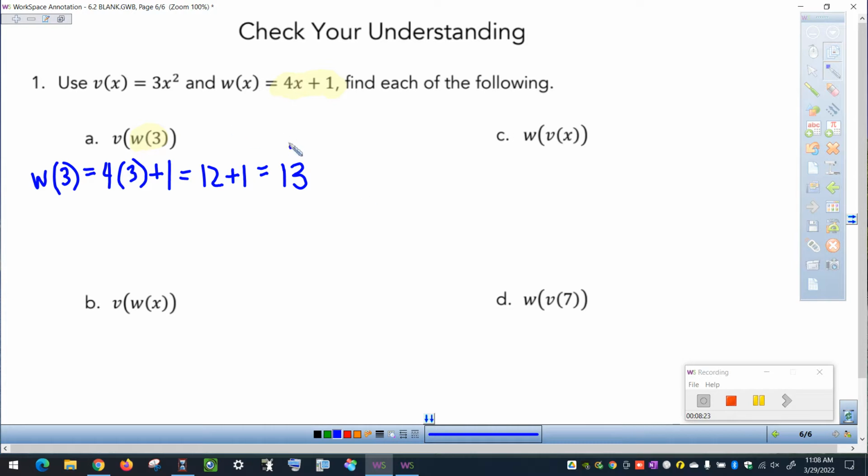Then we're going to take the output of 13 and we're going to plug that into the function that was on the very outside, the v function. So that 13 is going to go into this one. So really what we're doing is we're finding v of 13.